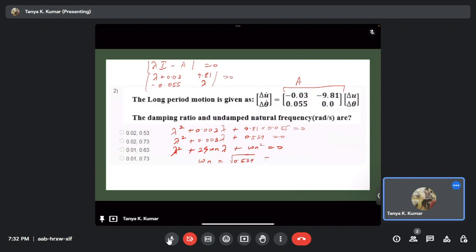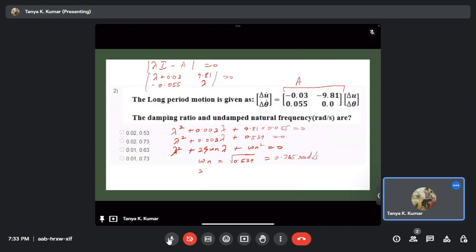Square root of that is, what is the value? 0.735 radian per second, correct?